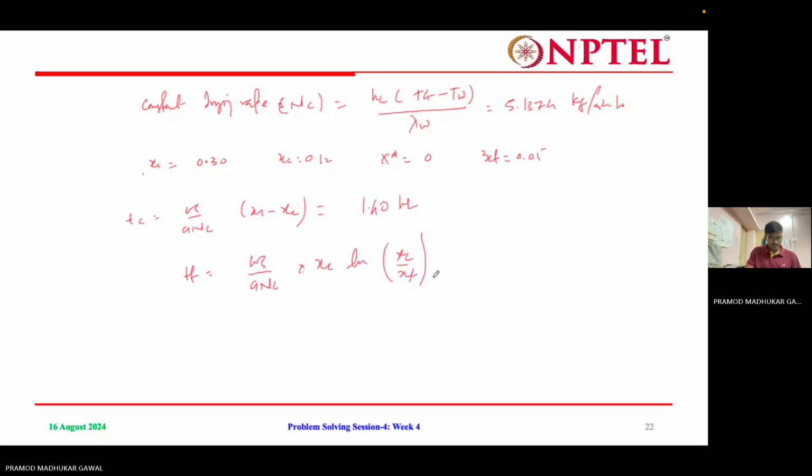Putting all the values gives 0.8179. So total time required, tc plus tf, is 2.21 hour.